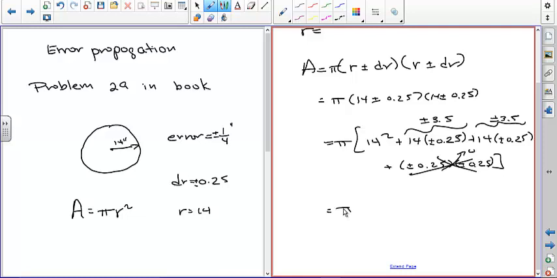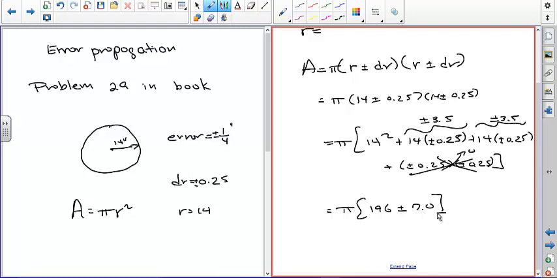So you'd have pi times 14 squared. 14 squared is 196 plus or minus 7. So I add these two together.